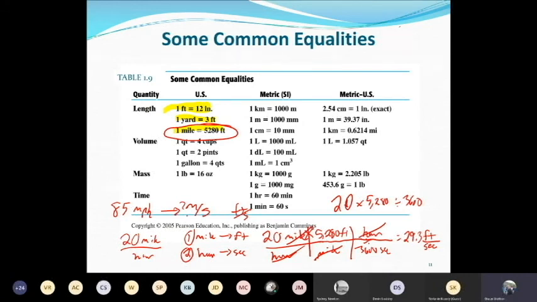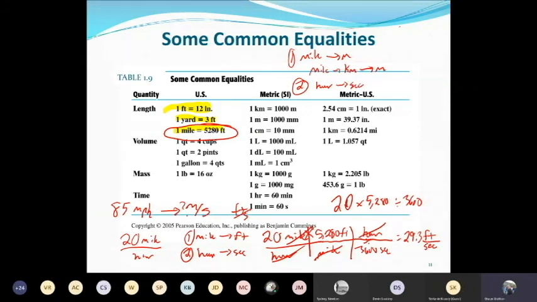The first thing you're going to do is convert your miles into meters. To do this, you have to convert miles into kilometers and then kilometers into meters. The second part, we've done just now: hours gets converted into seconds.